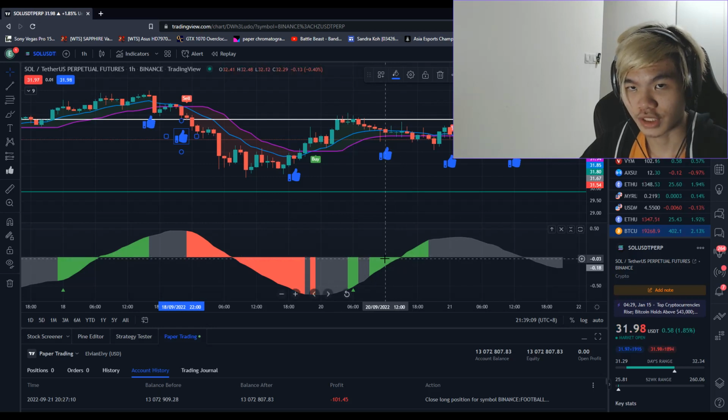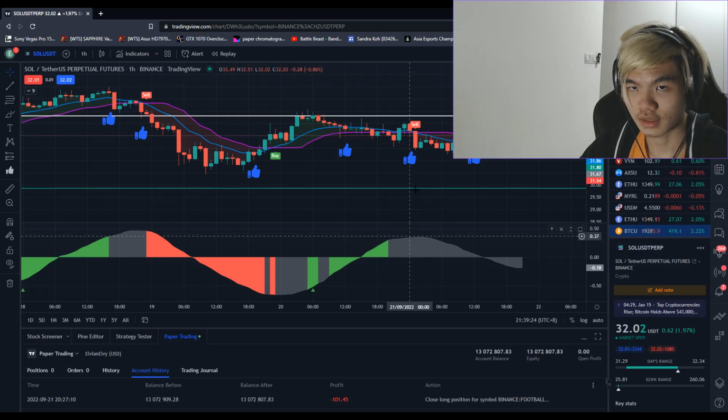And then we have a trade here. We wanted to go short here, but it gave you green color, so we would have invalidated this as well. And then here gave you a sell signal, which was actually good, but it invalidated this with gray color.